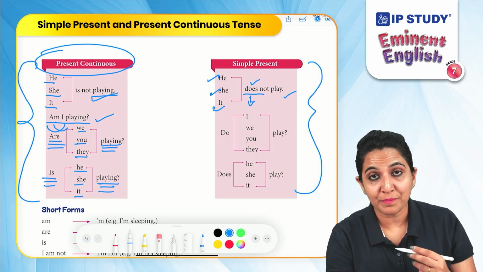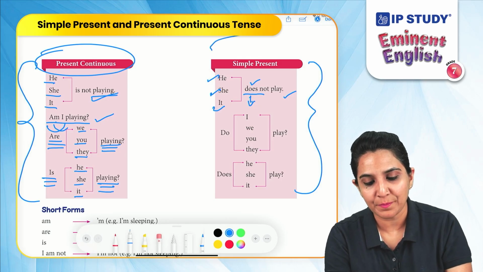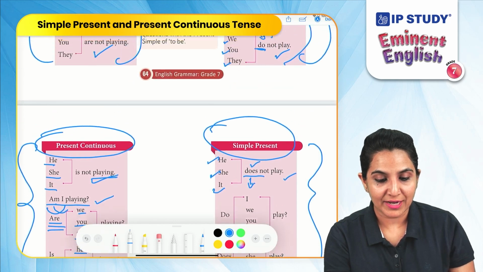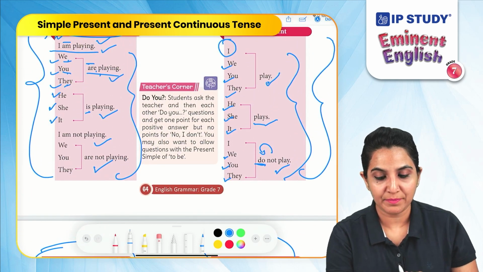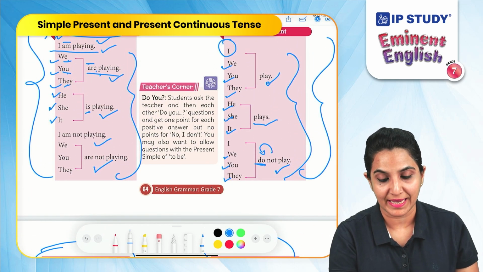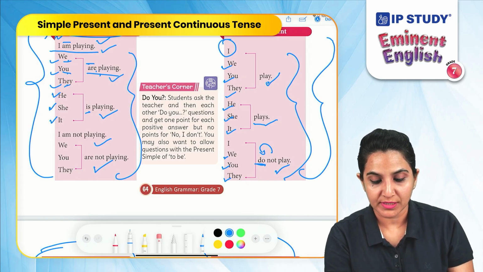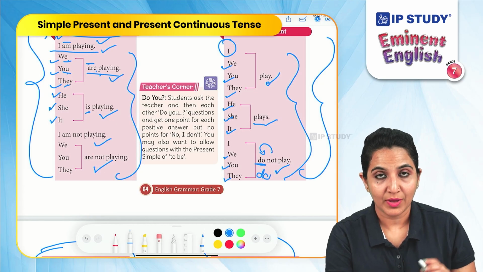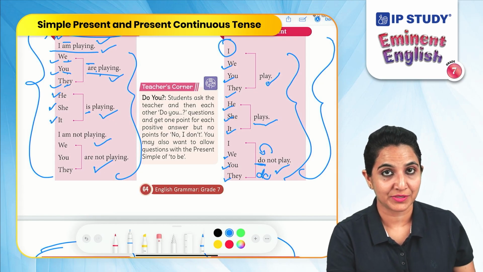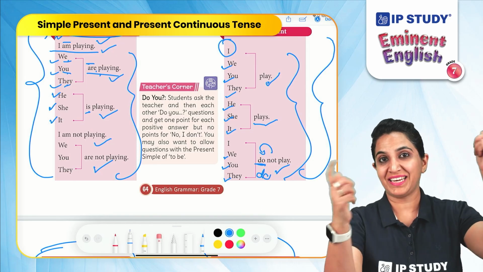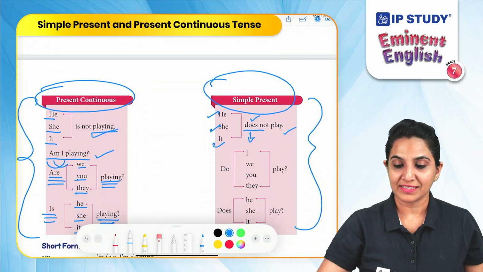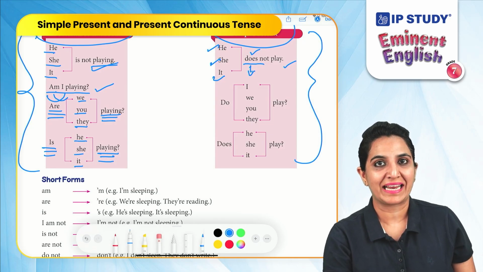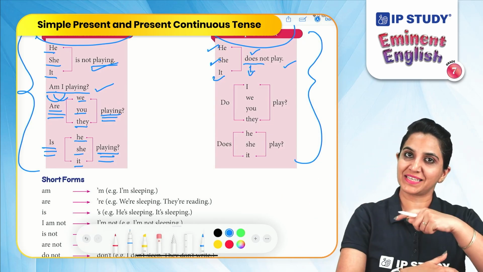Similarly, how do we make questions using simple present tense? Do you remember, while making sentences in simple present tense, we used the helping verb do. Now, as we did in present continuous tense, the subject and the helping verb interchange places. Similarly, in simple present tense, the subject and the helping verb do and does will interchange their places.